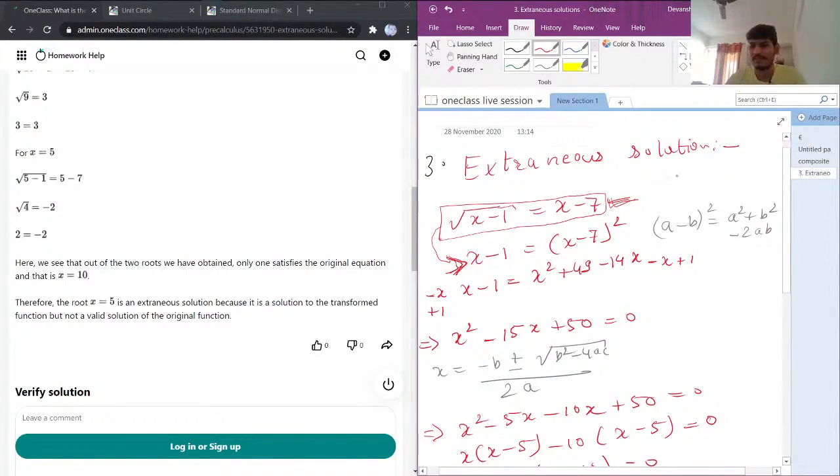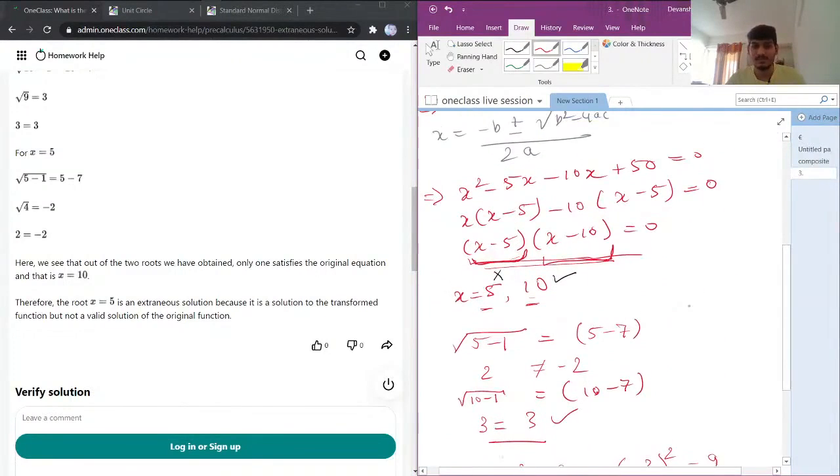Every equation has a domain, and in that domain there are values which satisfy the equation. When we changed our equation we got a bigger domain, and the values of x can increase or decrease, but x equals 5 does not satisfy our equation. So we say x equals 5 is the extraneous solution.